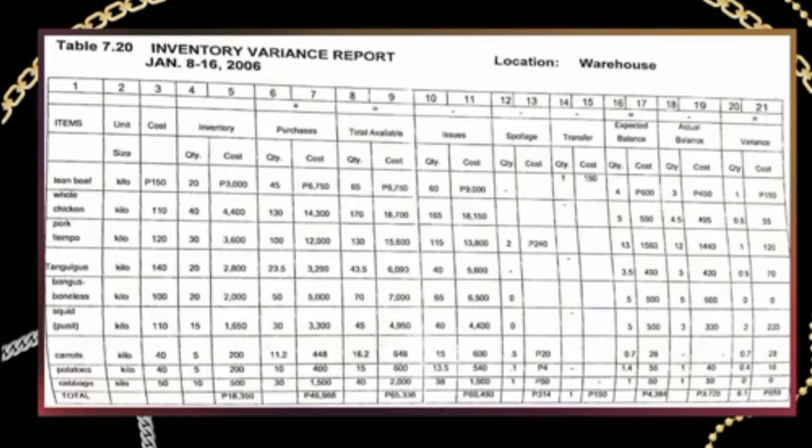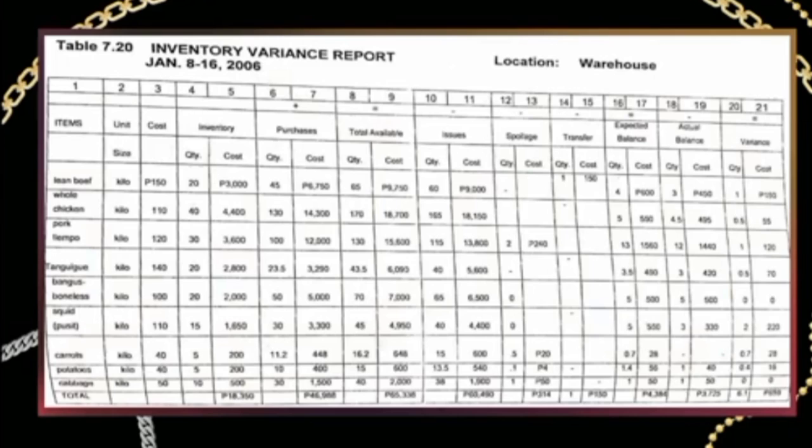Add the total transfer to the available balance if stocks are transferred from another outlet into your outlet. Refer to the consolidated spoilage report and get the total quantity and amount of spoiled stocks and enter it into columns 14 and 15 respectively.